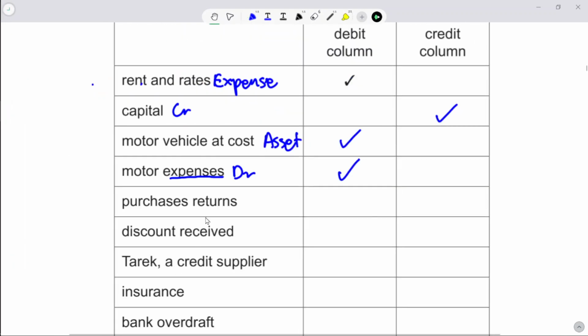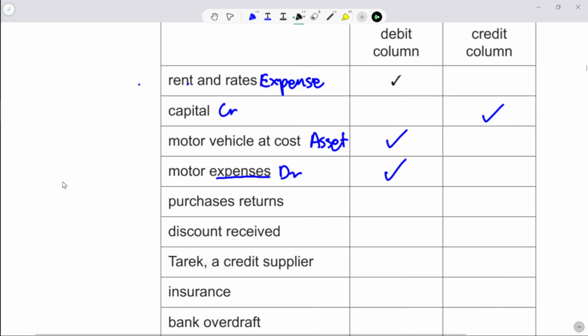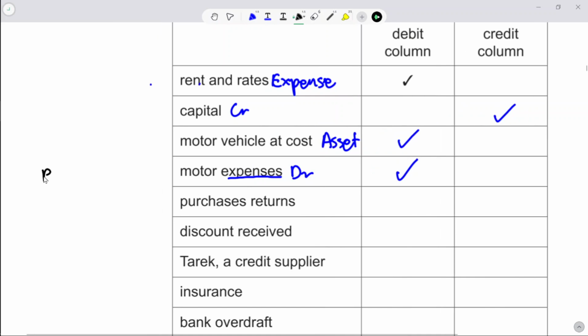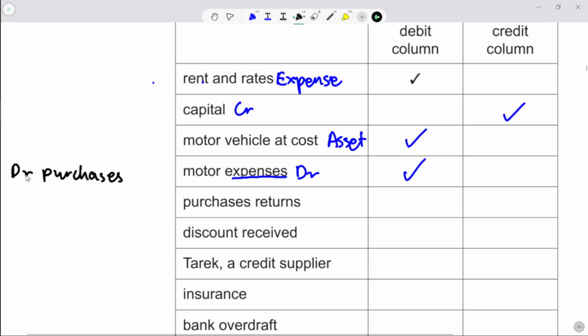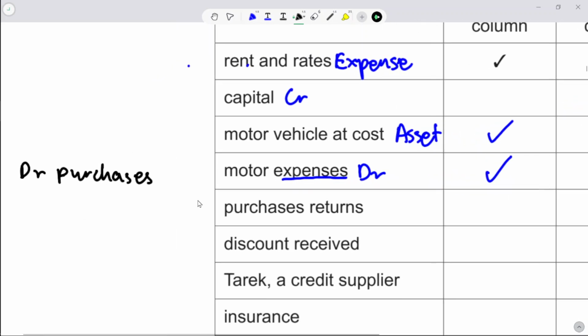For purchase return, let's say purchases we debit, right? Then for purchase return we credit.